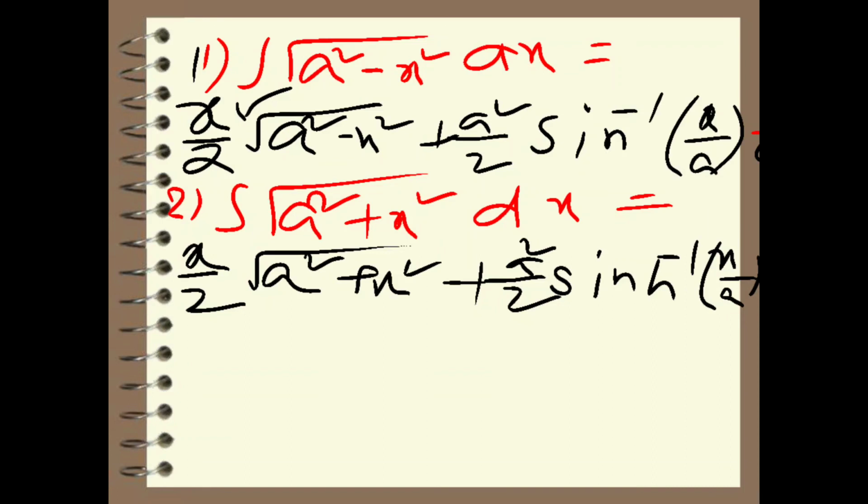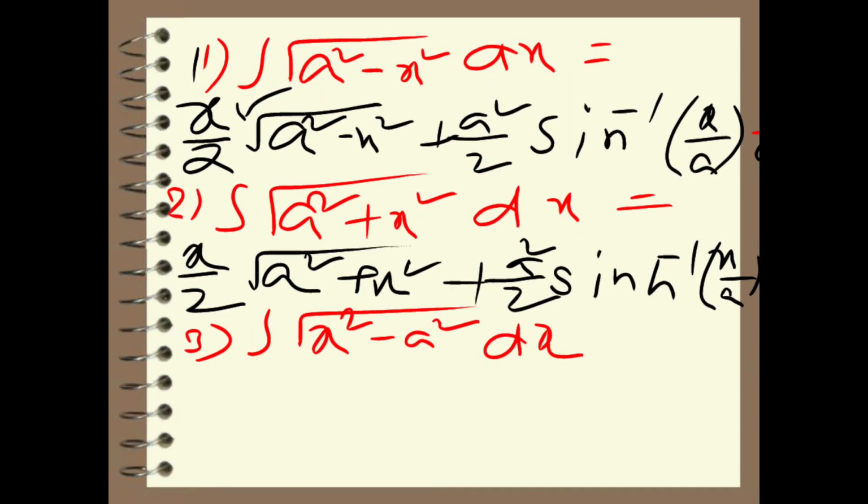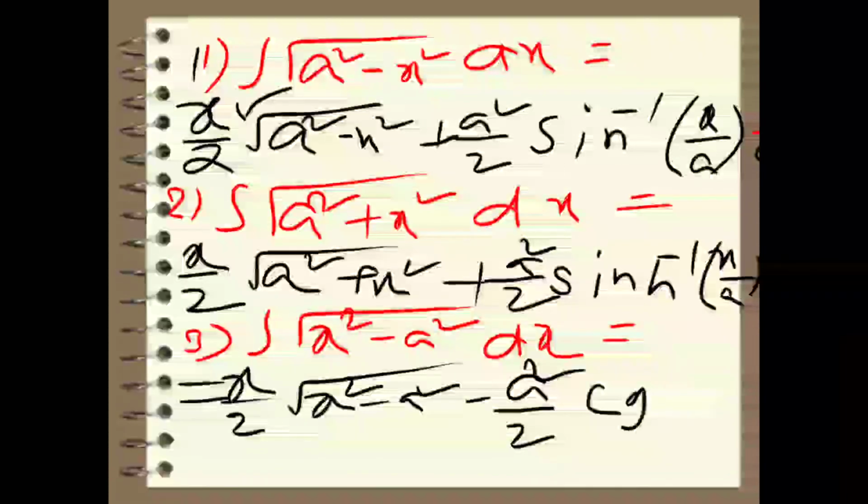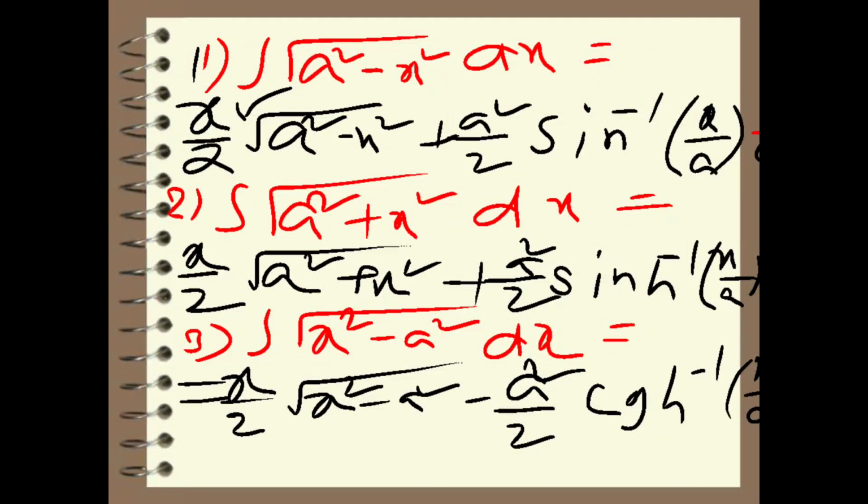And the third one, integral root x square minus a square into dx is equal to x by 2 into the same integrand root x square minus a square, minus a square by 2 cos h inverse x by a, plus c.